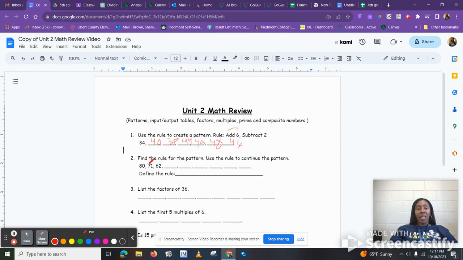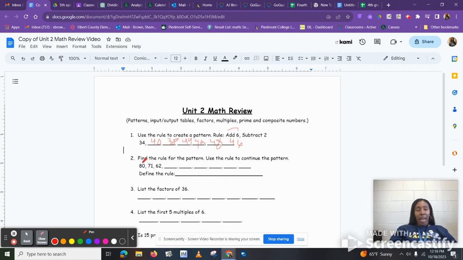So it went from 80 to 71. Did it increase or did it decrease? It went down because 71 is less than 80. So the number decreased. Then when it went to 62, did it increase or decrease? It decreased again. So my numbers are decreasing. Now I need to see how much it is decreasing by.